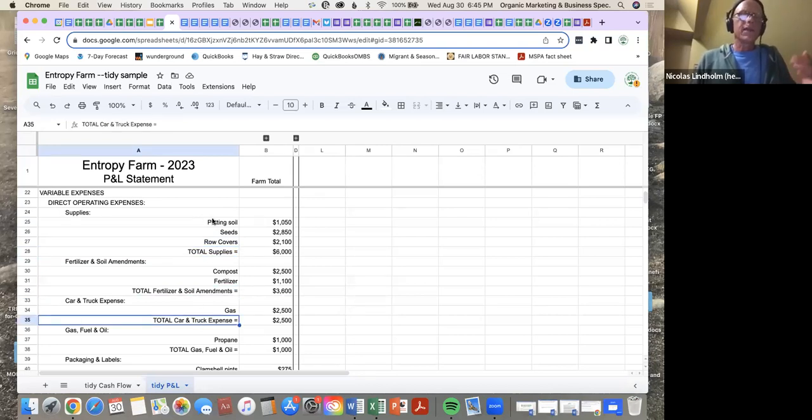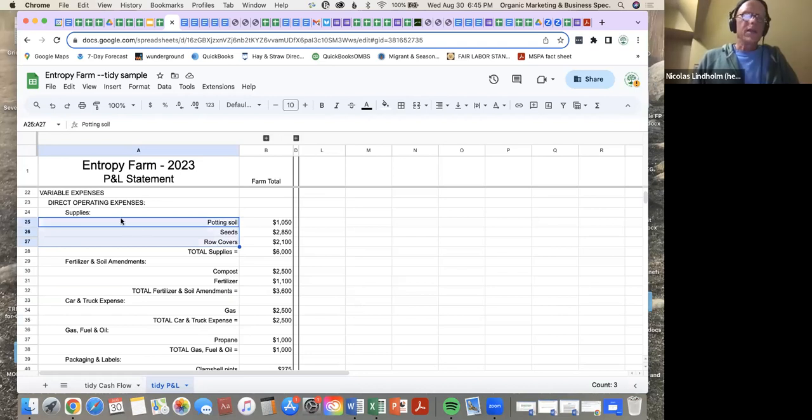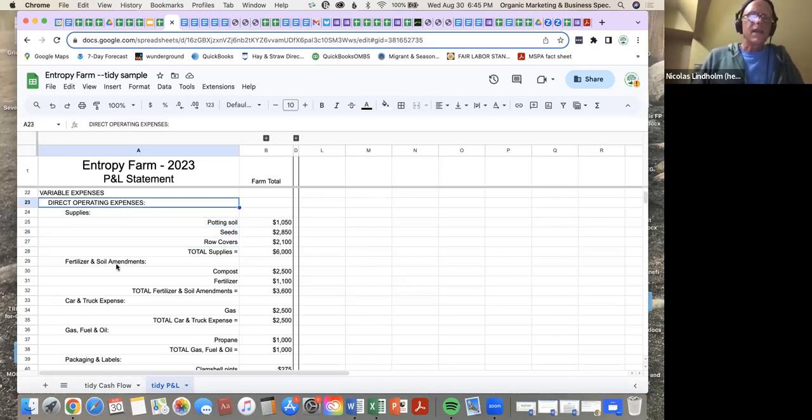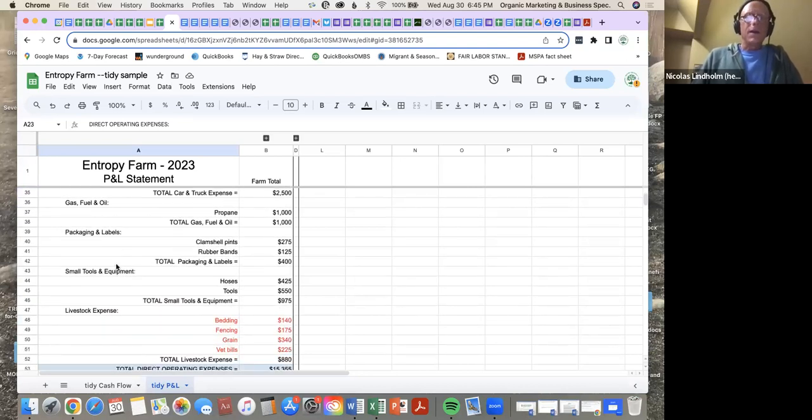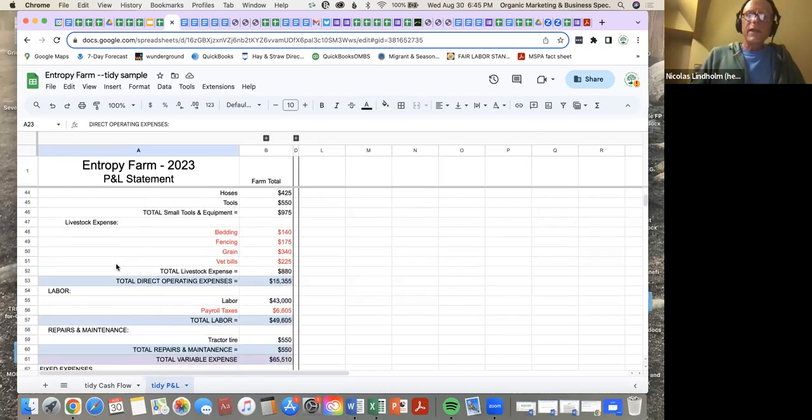But I wanted to take this messy profit and loss statement, use the same categories, and just organize them. So this section, especially direct operating expenses, has a lot of detail to it. And again, there's no right or wrong, but there can be a place where your chart of accounts gets to be 150 rows deep, and if you print it out, it's 10 pages long, that's probably too much detail.